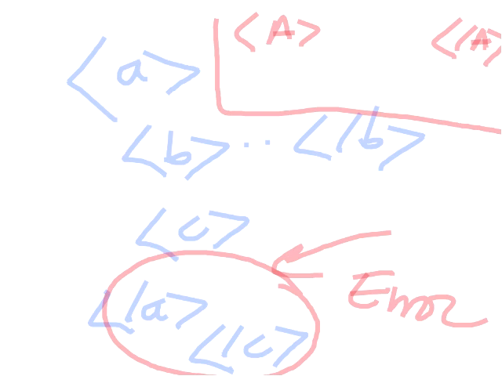So I must end A here, and B, I must end B here. This is correct: A, B, and B, after that end A. Okay?